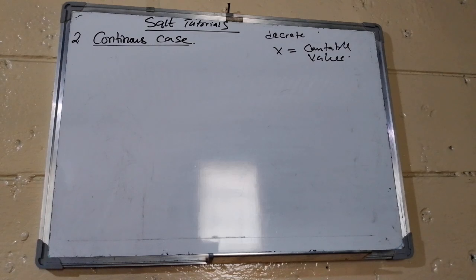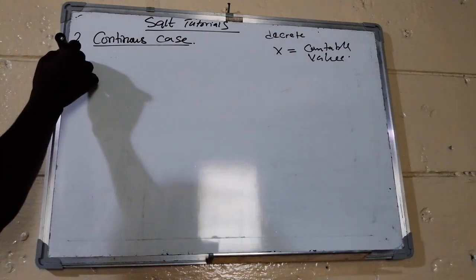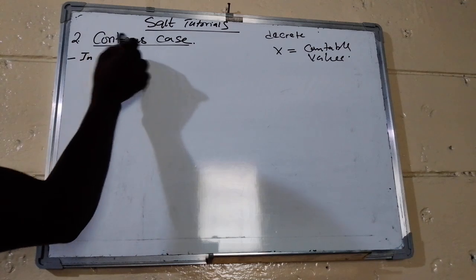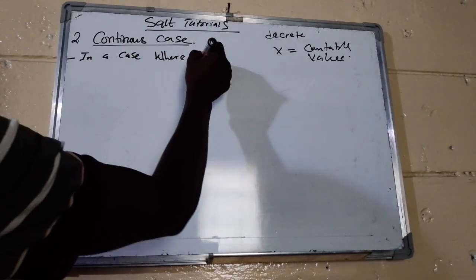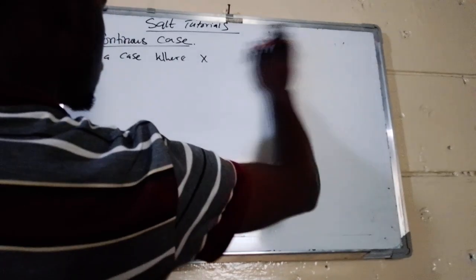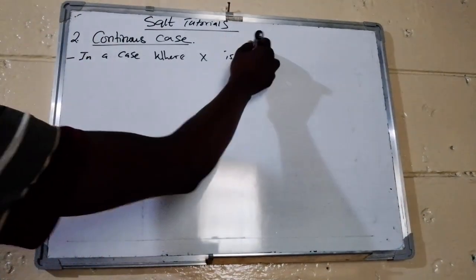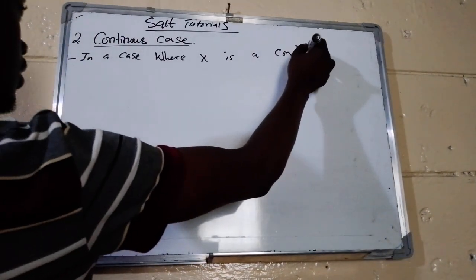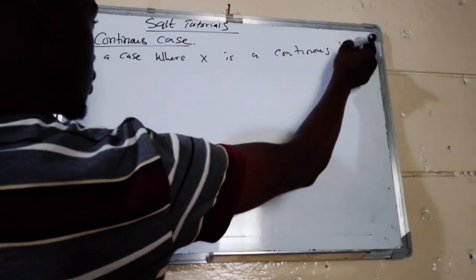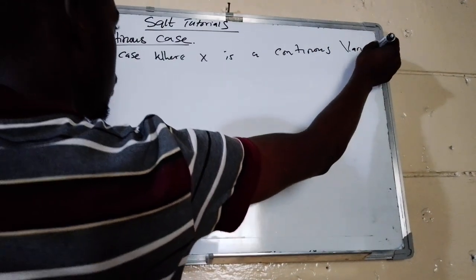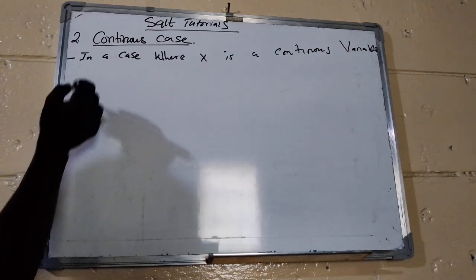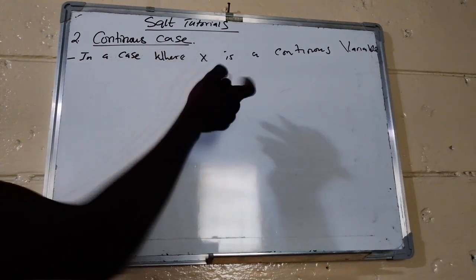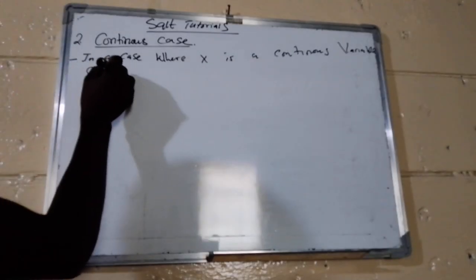So how do we define this continuous case? We're simply saying that in a case where x is a continuous variable, or a continuous random variable, this is abbreviated as CRV.